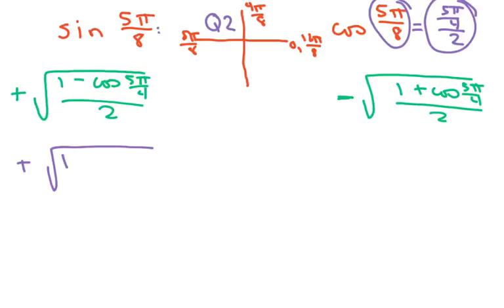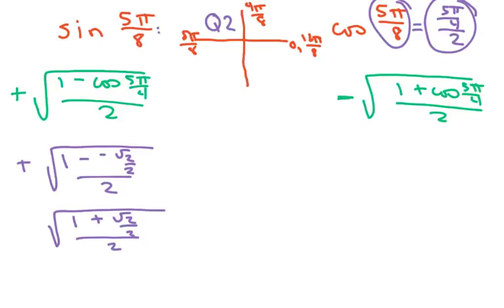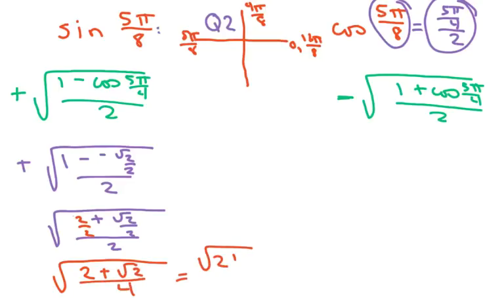Cosine of 5 pi over 4 is negative square root of 2 over 2. So this is going to give you 1 plus square root of 2 over 2, divided by 2. I'm going to change this 1 to 2 over 2. Like the previous one, this is just going to be 2 plus square root of 2 over 4, which gives us square root of 2 plus square root of 2, over 2.